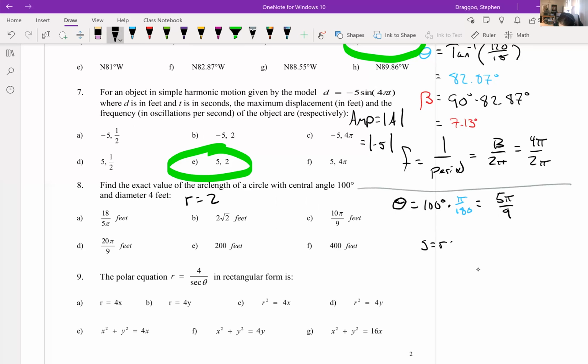S is r theta. So 2 times 5 pi over 9 is 10 pi over 9. So option C.